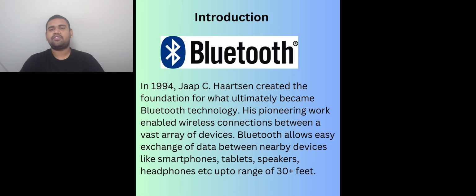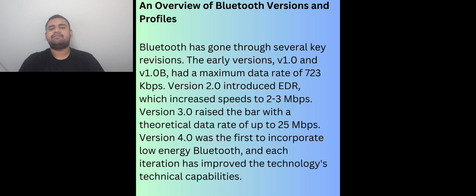Let's dive into an overview of Bluetooth versions and its profiles. Key milestones in Bluetooth spanning decades saw new generations like version 1.0, 2.0, etc. launch with beefed up technological capacities, faster than 480 megabits per second, lower power consumption down to just 1 milliwatt, enhanced range, and built-in security.